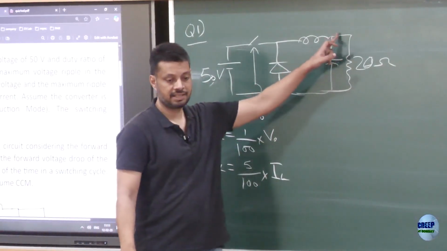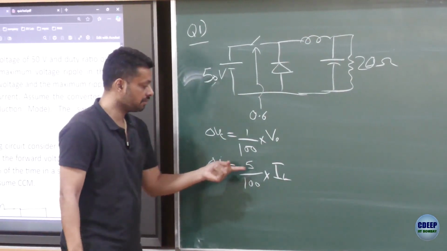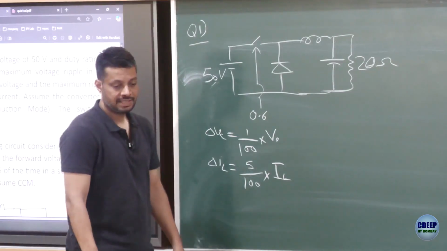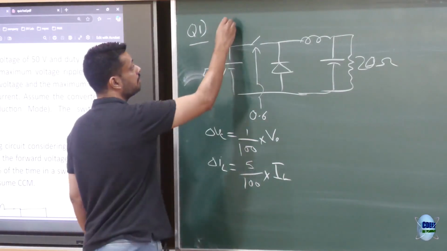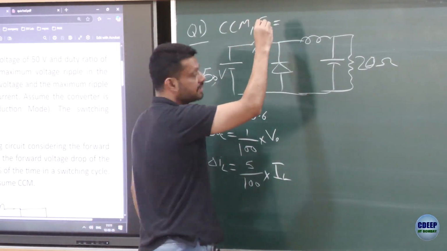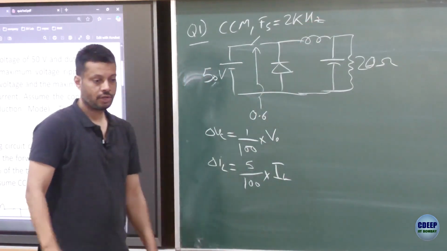So the average output current is same as the average inductor current, right? So ripple in inductor current is 5% of the average output current or the average inductor current. Assume CCM and Fs is given to you. Switching frequency is given as 2 kilohertz. What do you have to find?